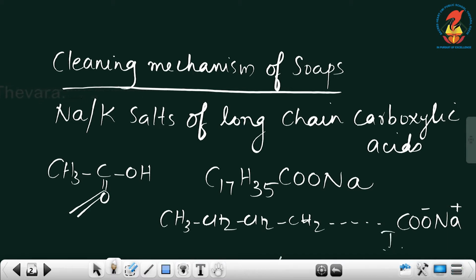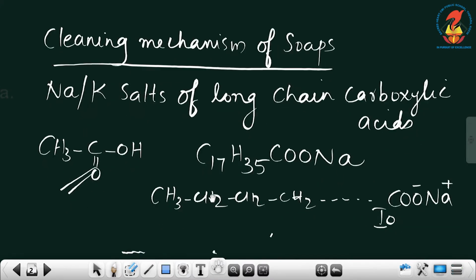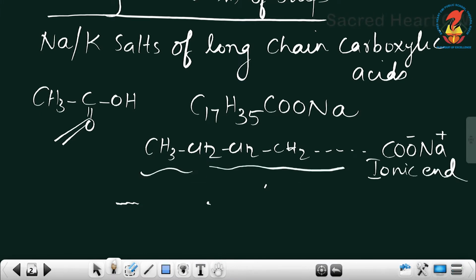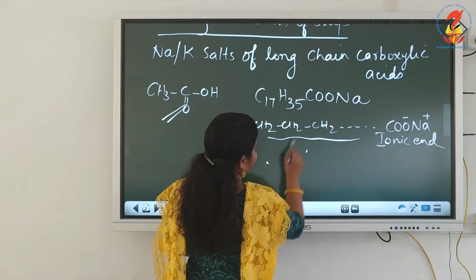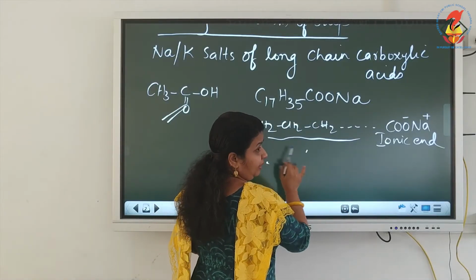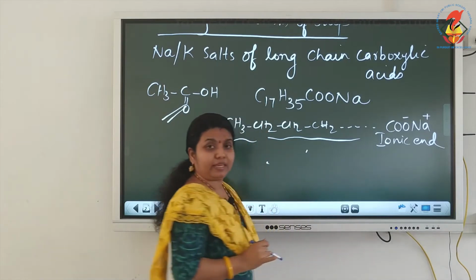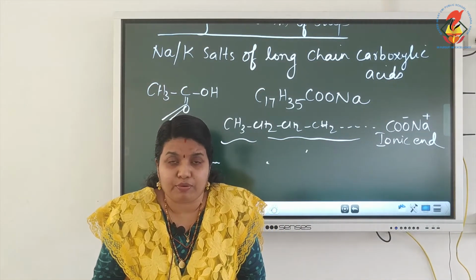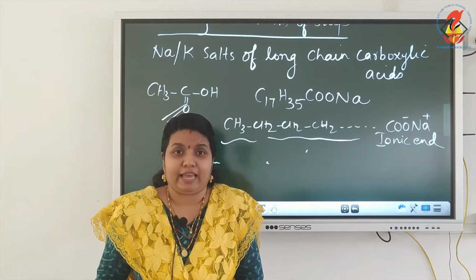So this end of soap is known as ionic end. And this hydrocarbon chain, carbon chain, is the hydrocarbon end, and the other is an ionic end. So what are soaps? Soaps are sodium or potassium salts of long chain carboxylic acids.